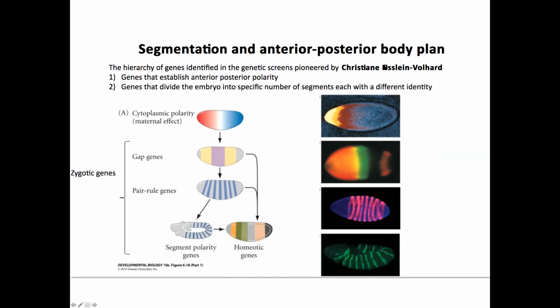Now, one striking feature of this division of labor is that in the first 2 steps, from the onset of polarity to the establishment of gap genes, they're all transcription factors. The signaling components, like Notch, Wingless, Hedgehog, don't come into the picture.